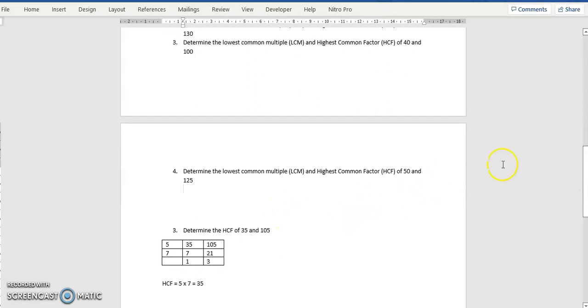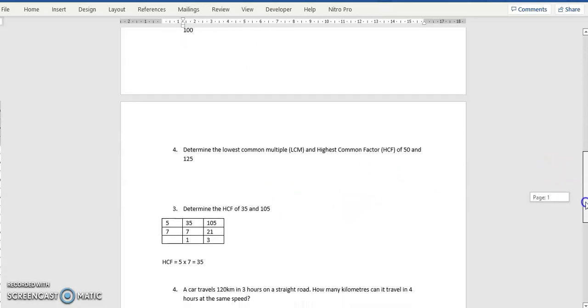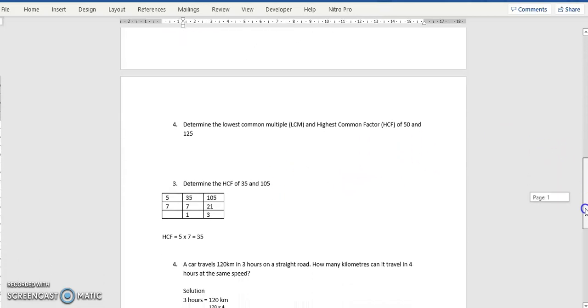Now, our next question is determine the HCF of 35 and 105. This time we are calculating only the HCF, not like the first one, HCF and LCM. So how are we going to do it?